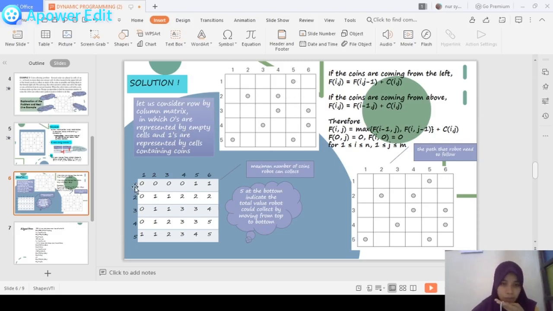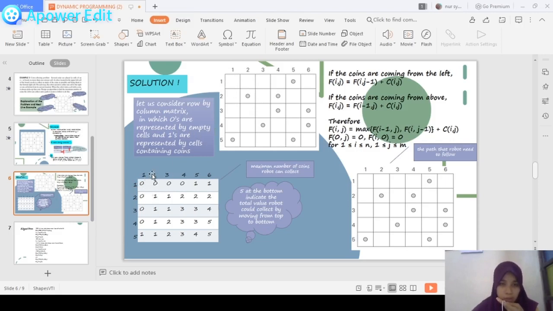Here, we need to compare the value from the left and from above, since the robot can come from the left and can come from above. So compare the two values. 0, no cell here, it becomes 0. And also there is no coin here, so it becomes 0.